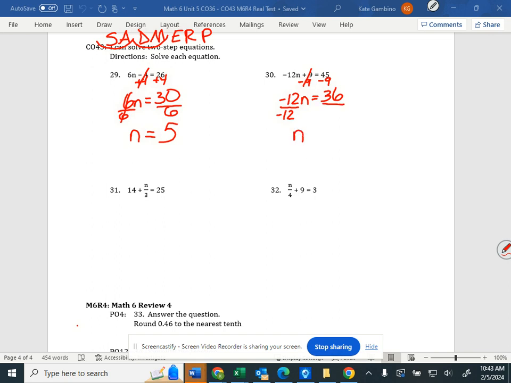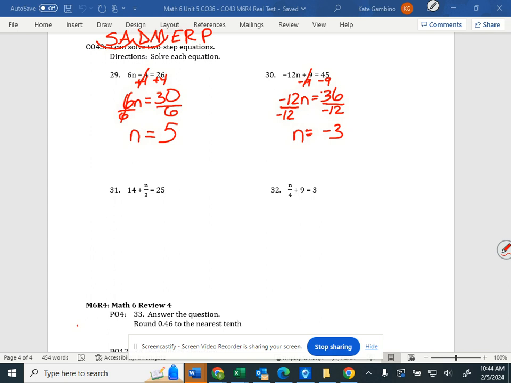So I have to divide by negative 12. 36 divided by negative 12 gives me a negative 3. Positive divided by a negative gives me a negative. Did I say negative 4? I was coughing when I said it, so the answer is negative 3.